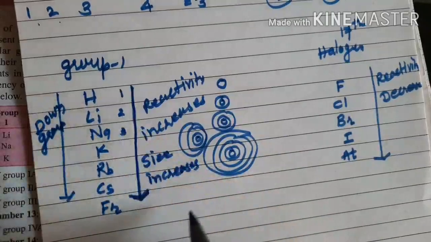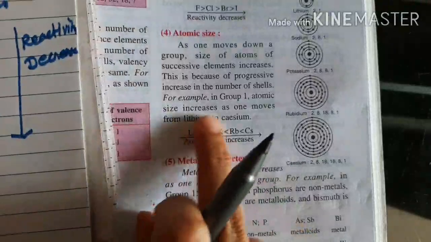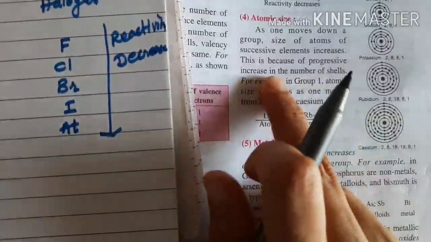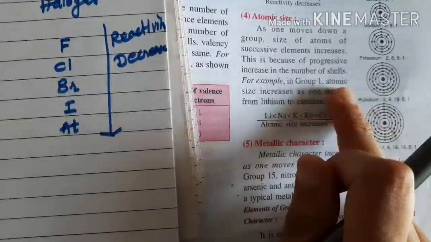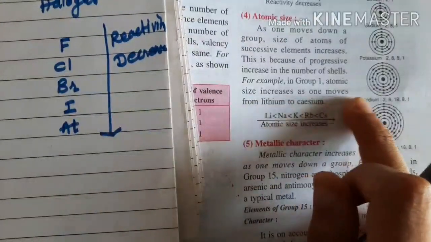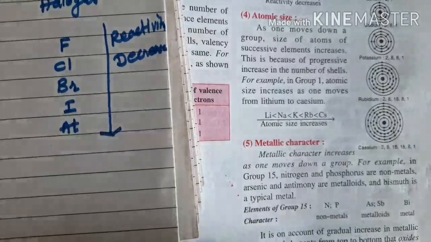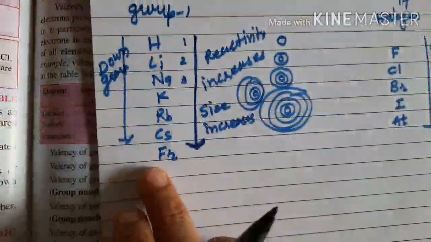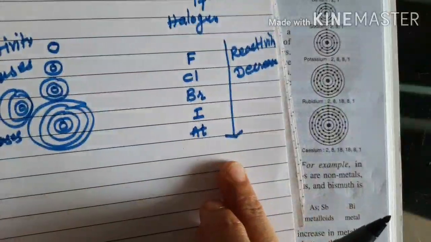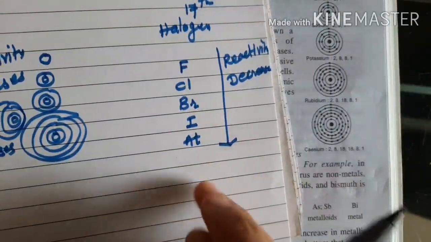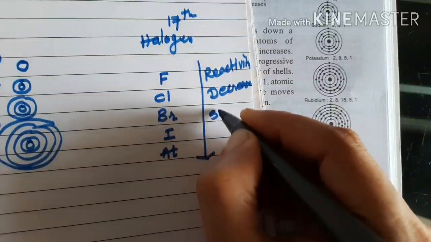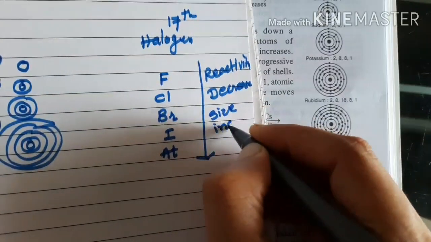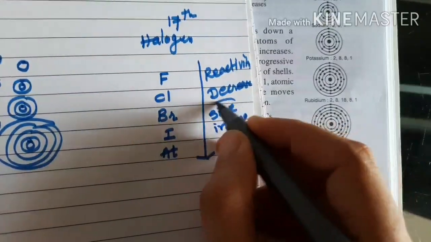You can write with me like this: the size increases with the number of shells. For example, in group 1 atomic size increases as one moves from lithium to cesium. Here also in halogens, it is not given, but we can say that size increases.